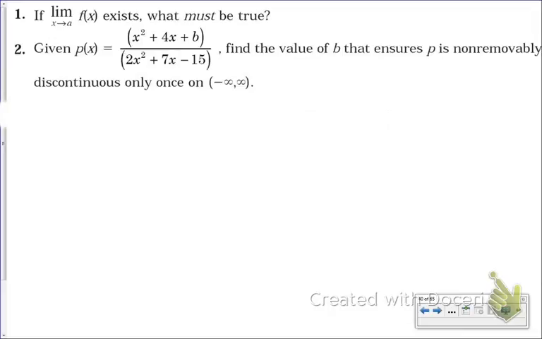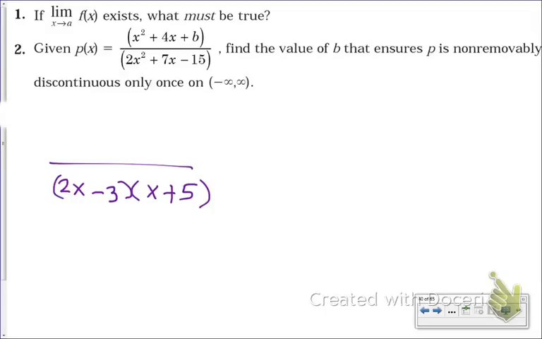So what is the bottom factor to? Right? 2x minus 3x plus 5. You guys good with that piece?